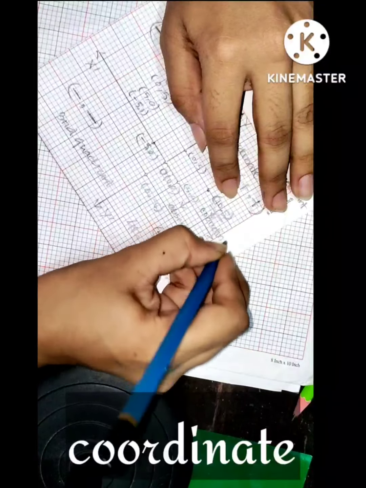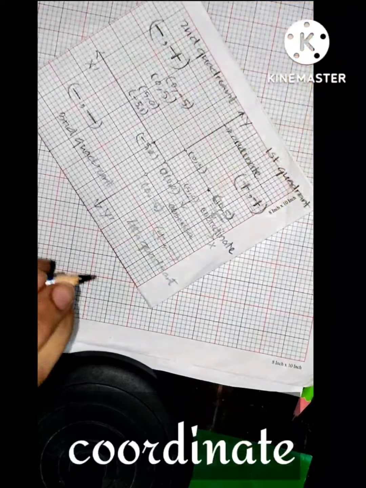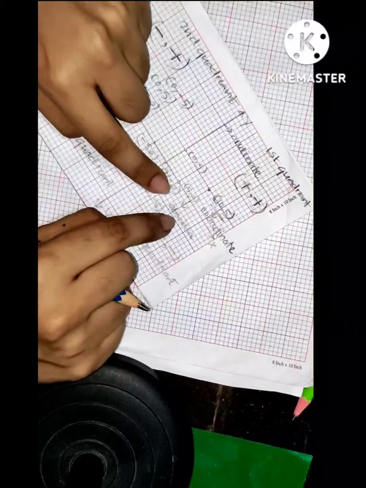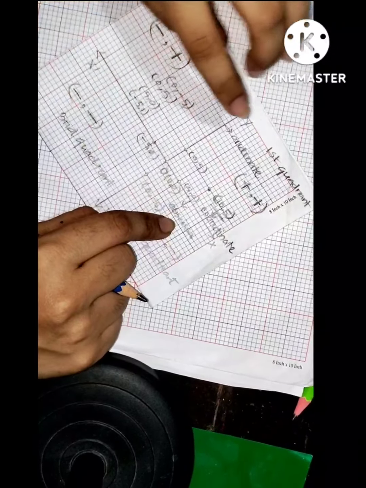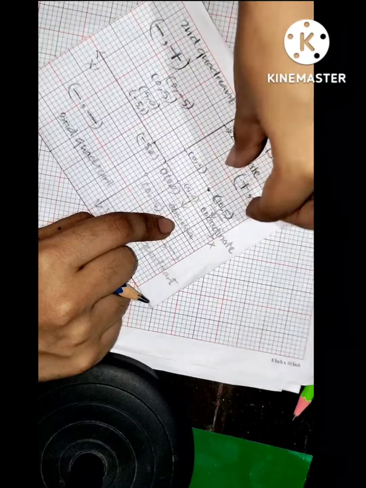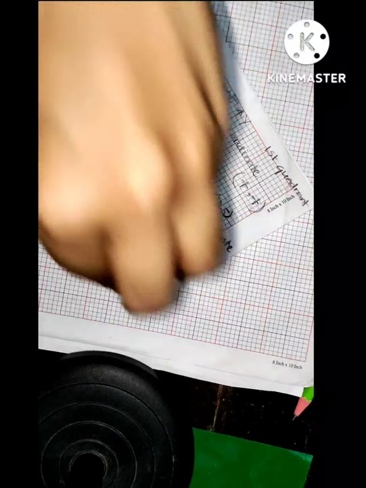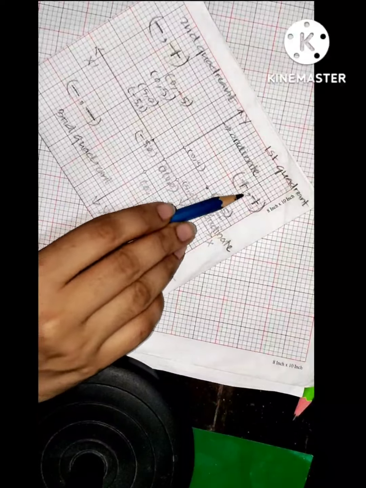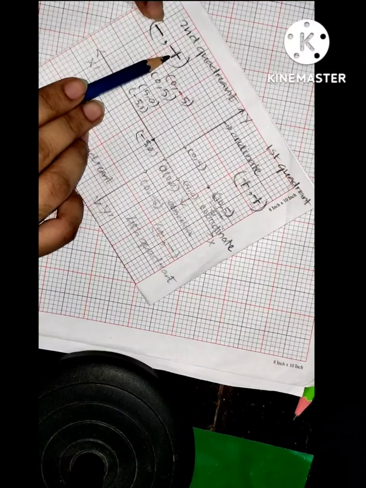So this is the coordinate. I hope now you can tell me the names, right? The x-axis is abscissa, the y-axis is ordinate, and the point is the coordinate. And this is first quadrant, second quadrant, third quadrant, fourth quadrant. Both values are positive here, both values are negative here. X is minus and y is plus here.